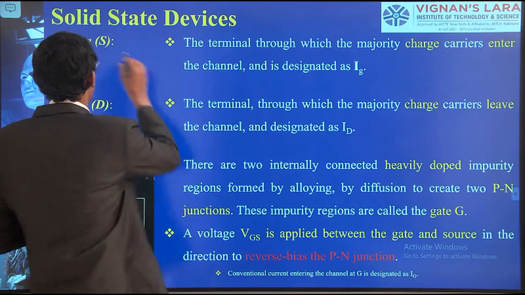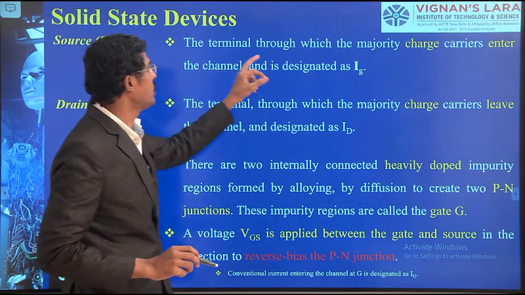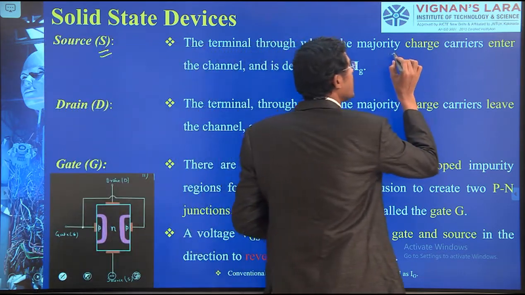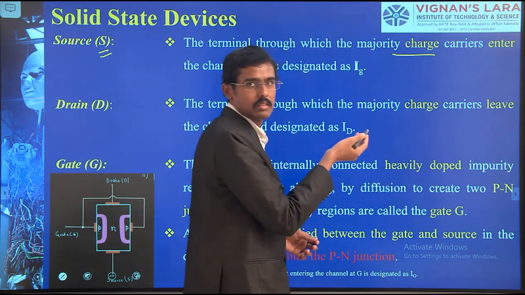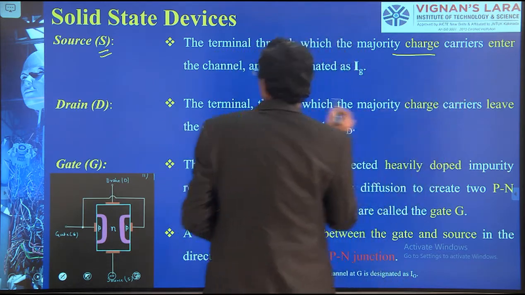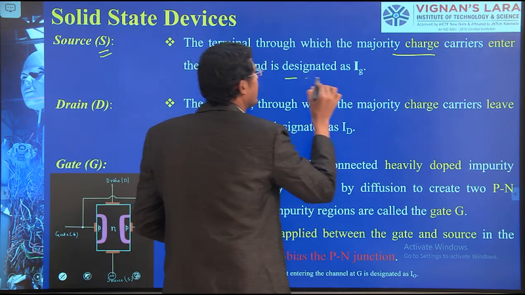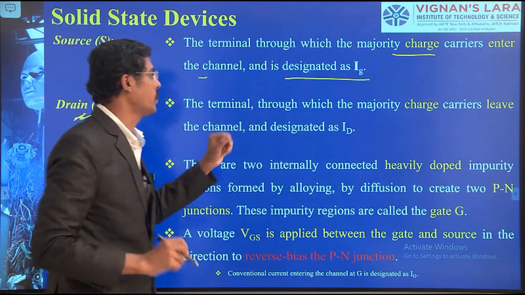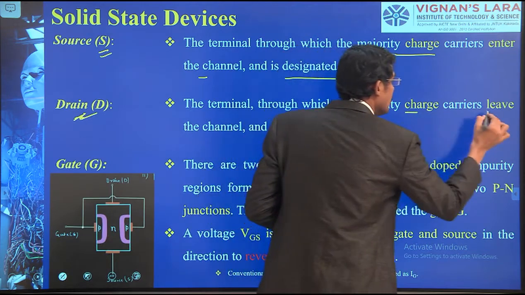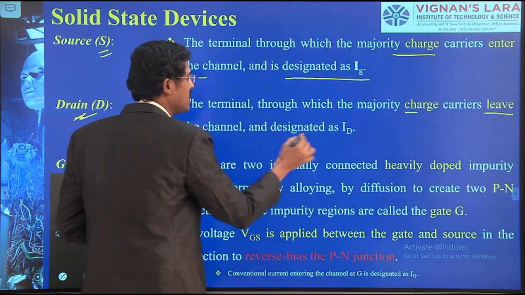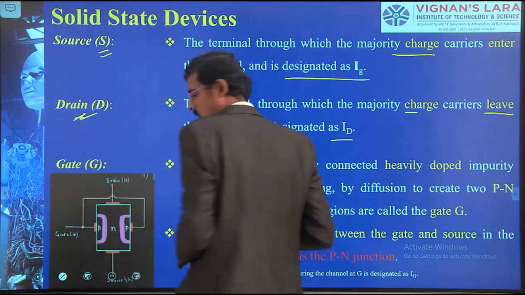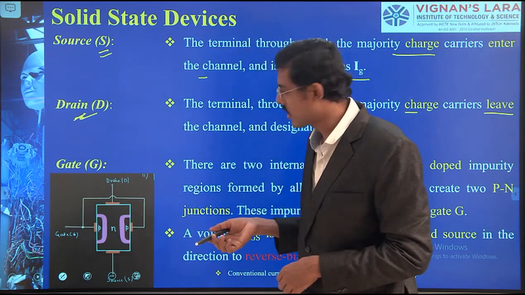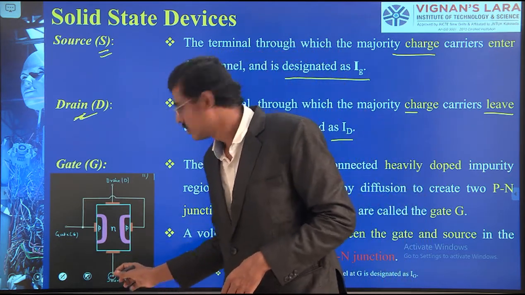The source, number 1, is the terminal through which the majority charge carriers, the electrons, enter the channel, and it is designated as Is. And the drain is the terminal through which the majority charge carriers leave the channel, and it is designated as Id. So now we want to concentrate on this.